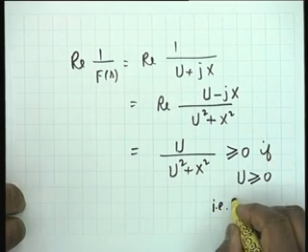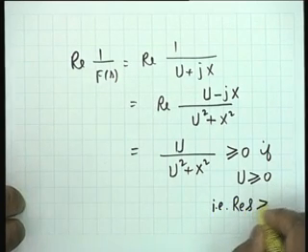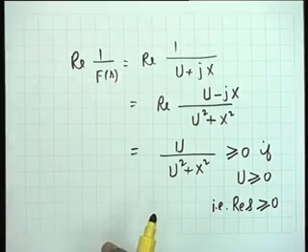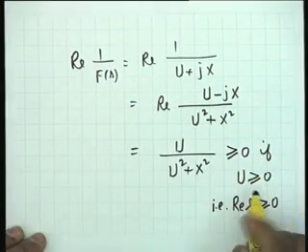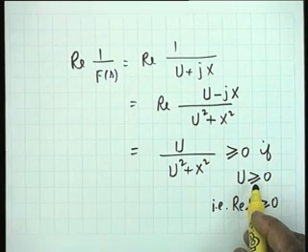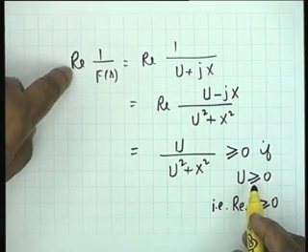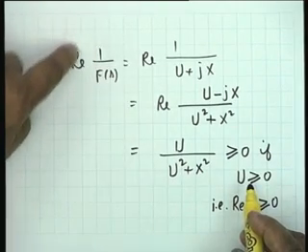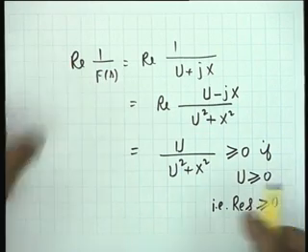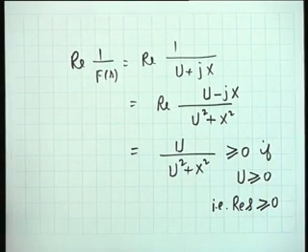When the real part of S is non-negative. Is that clear? Because by hypothesis f of S is PR, its real part is non-negative for real part of S non-negative. Therefore, this quantity is non-negative if u is non-negative, but u is non-negative in turn when sigma is non-negative. Therefore, we prove that the real part of this reciprocal function is non-negative for the right half plane, and therefore 1 by f of S is PR.